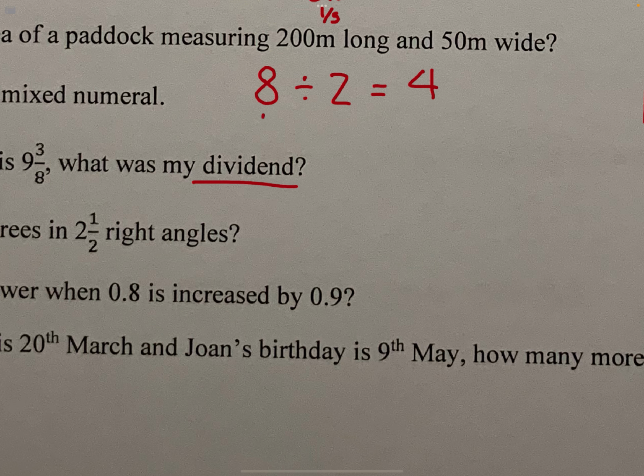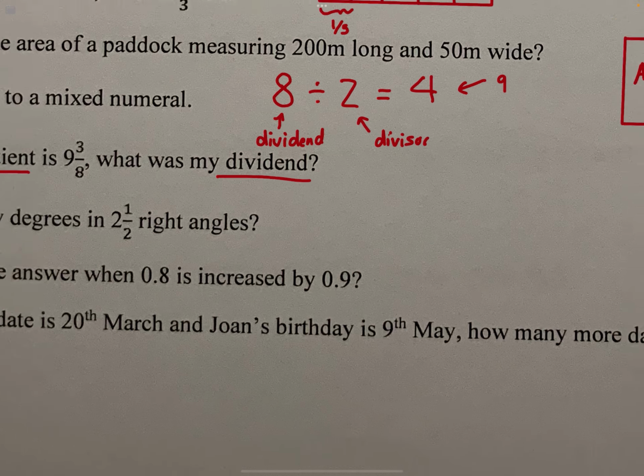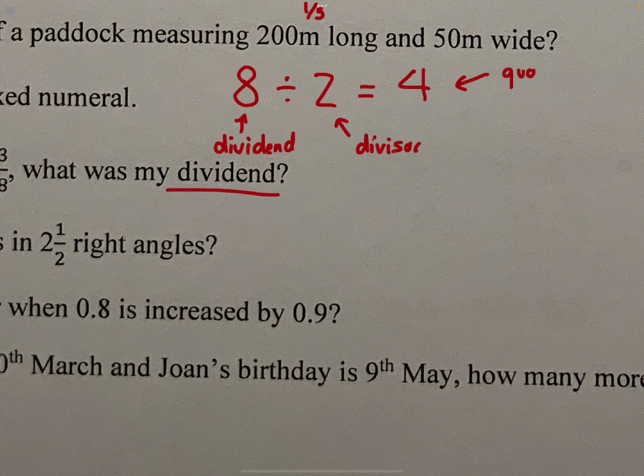This 8 is called your dividend. This 2 is called the divisor. And this 4 is called the quotient. The dividend is the first number to be divided. The divisor is how much you're dividing the number by, and the quotient is the result when you're dividing something.